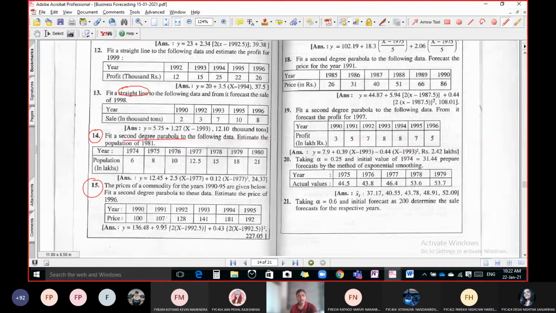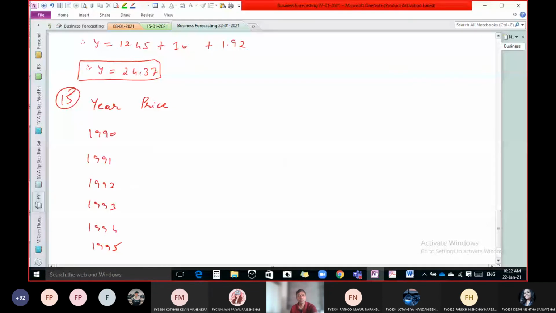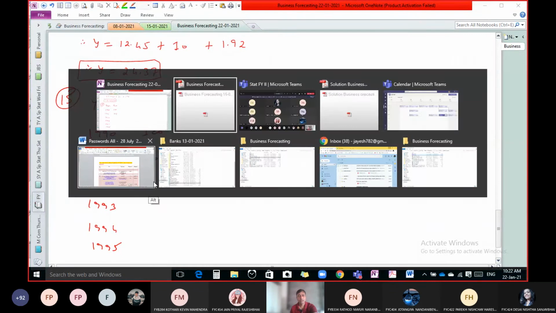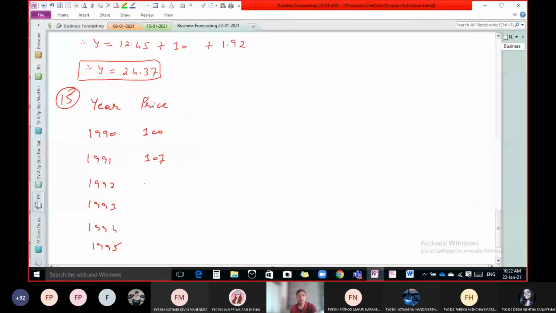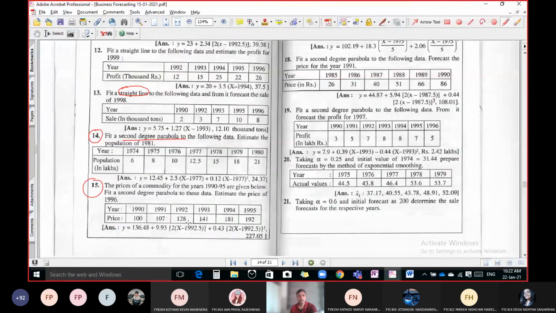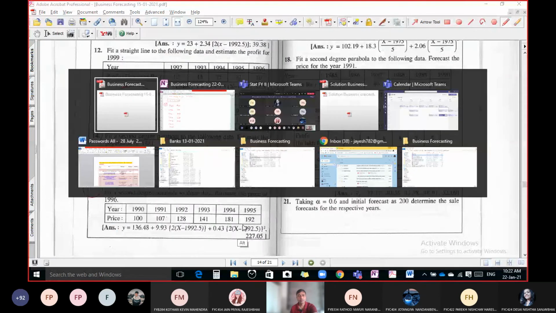Price is given 100, 107, 128, 141, 181, 192.